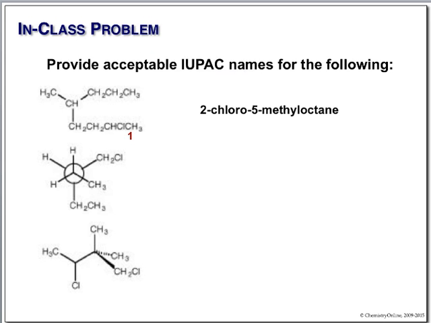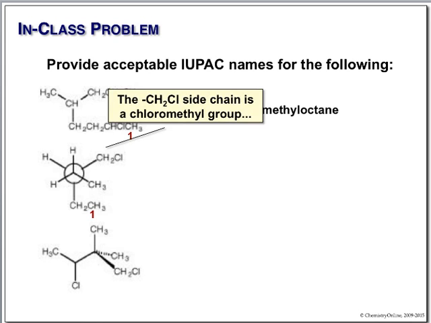Our next one here is one of these Newman projections, but we can deal with that. Our front carbon here, we have a methyl group, so that's 1, 2. Our back carbon is carbon 3, 4, 5 as our longest chain. I'm going to let this be carbon 1.